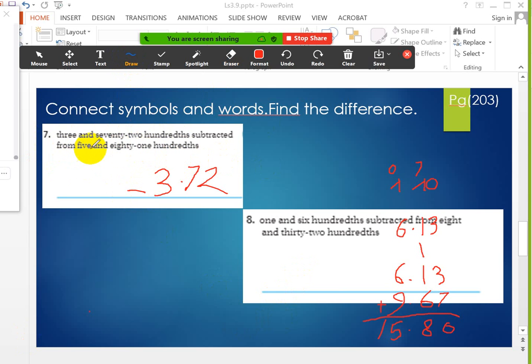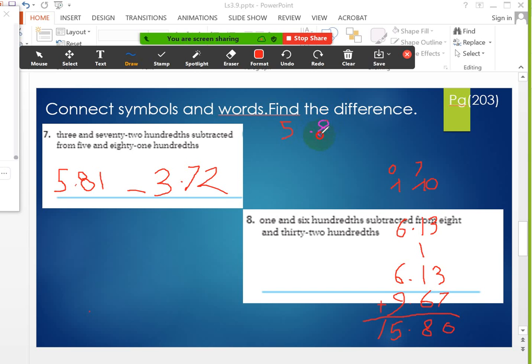That means 5.81 hundredths. 2 digits after the point, and in these 2 digits I have 81. Okay, now to find the subtraction, I will find the subtraction here.